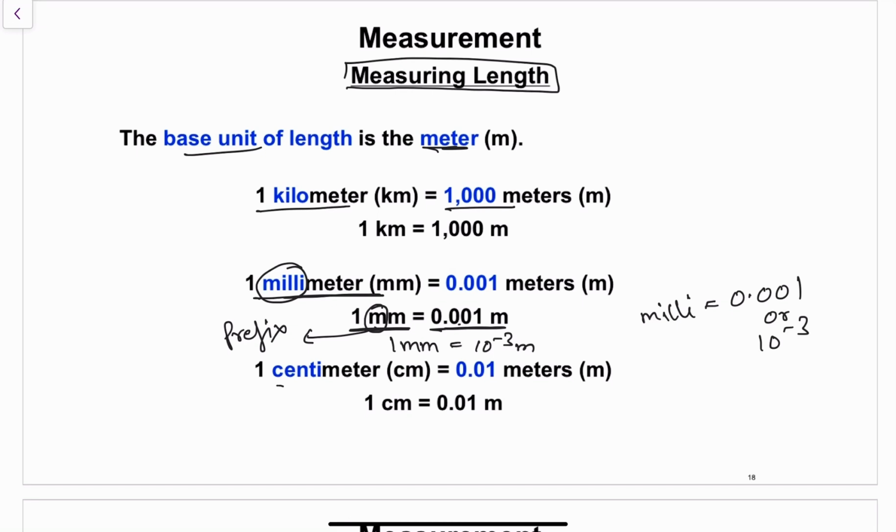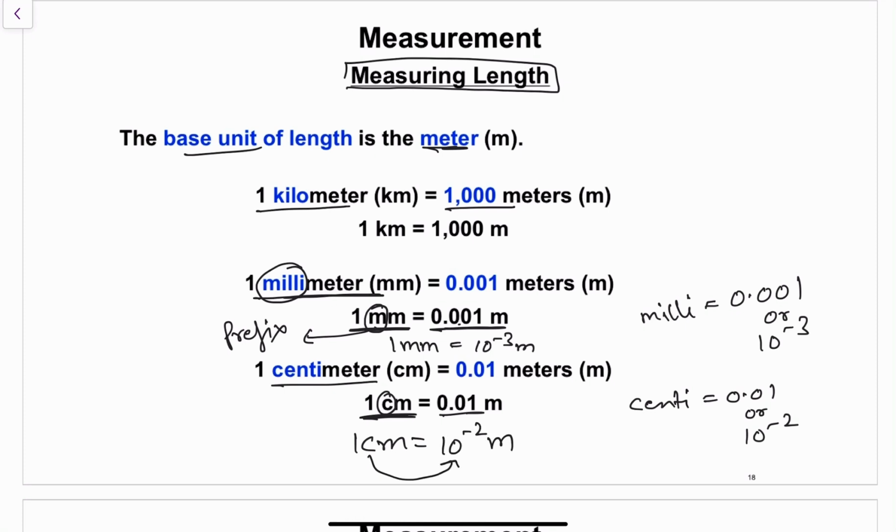Right. Similarly, 1 centimeter, if I say 1 cm, what is c? C is a centi. Centi is 0.01 or 10 to the power negative 2. So you can write 1 centimeter as 0.01, or you can write the same number as 10 to the power negative 2 m, because you are just writing the number instead of the c, right? And they are equal, right?